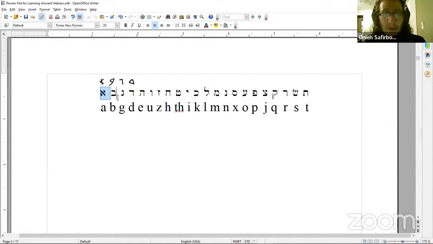Now this is the later script of the Aramaic, and Hebrew adopted that script after the Babylonian exile. So the regular Hebrew of scriptures are written in the Aramaic scripts, even though originally Hebrew was written in the Paleo-Hebrew.